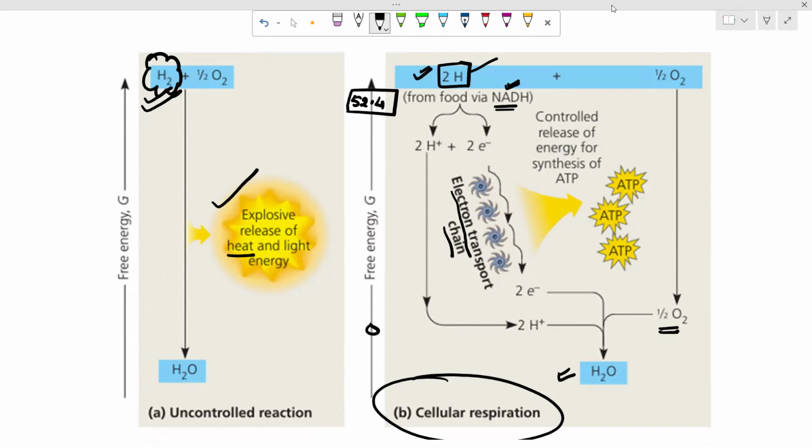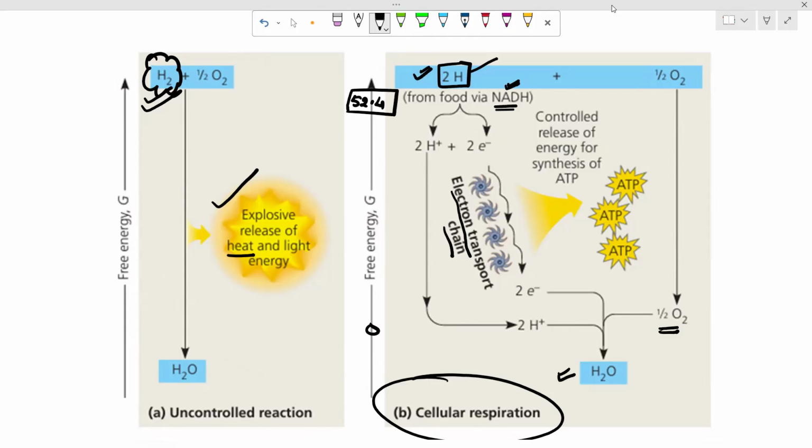So this much energy is released; you can say it is an exergonic reaction. The transfer of electrons from NADH to oxygen is an exergonic reaction. And oxygen is highly electronegative. It will accept the electron and become water.